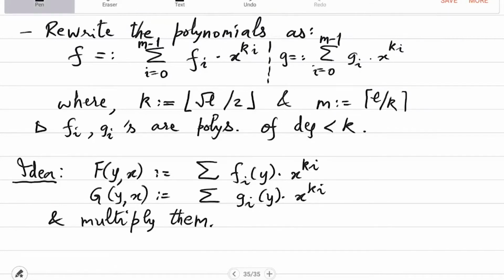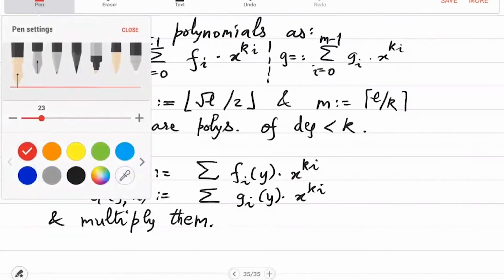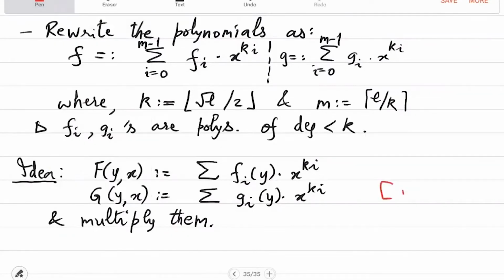And let me remind that y is in E. It's that element, the omega element.